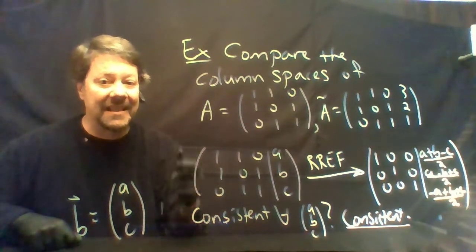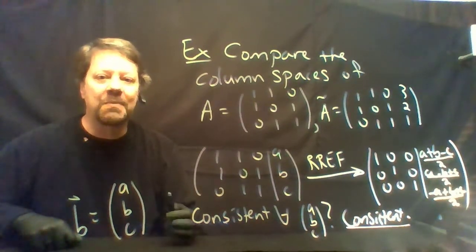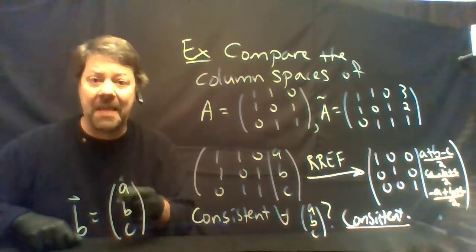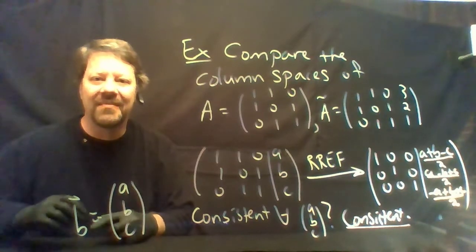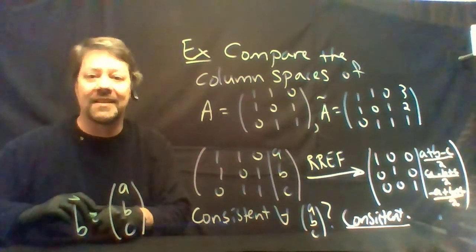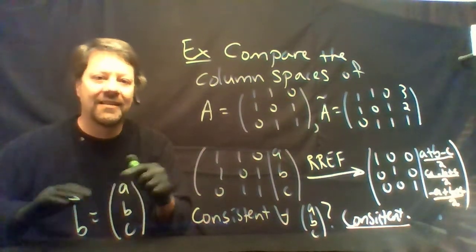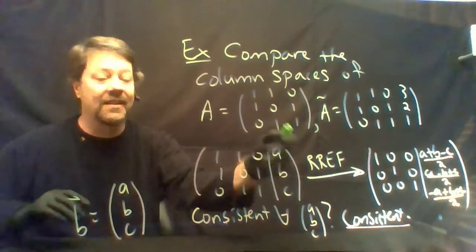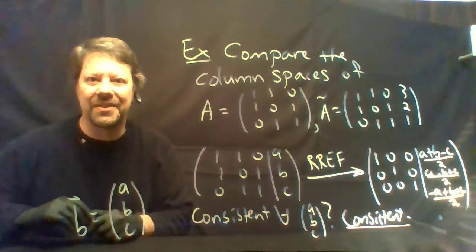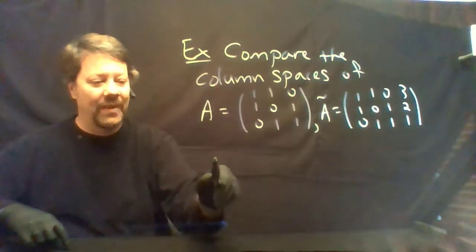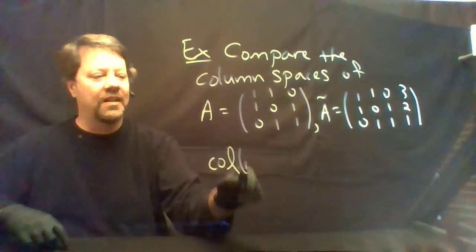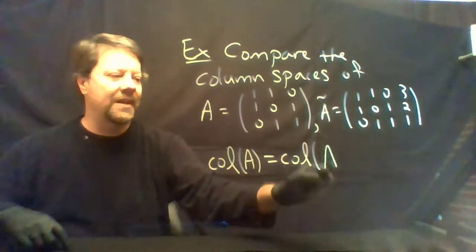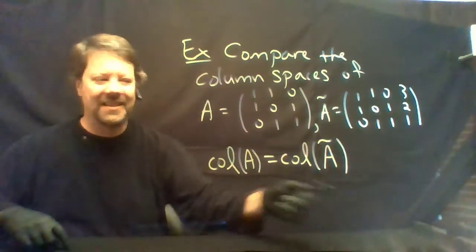That implies then that the column spaces of A and A tilde are the same by the last theorem. If you have one vector that's a linear combination of the others, the spans of the sets will be identical. The span of the columns is the column space by definition. We have the column space of A is exactly the same as the column space of A tilde.